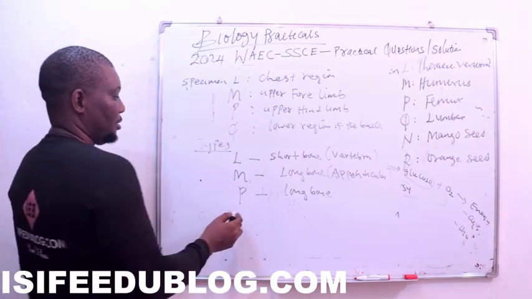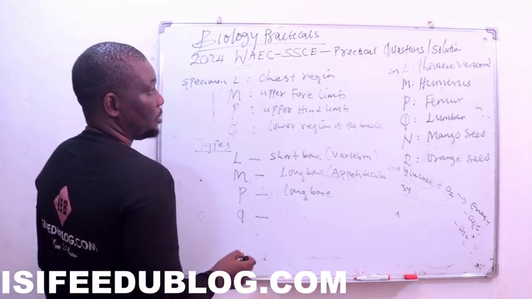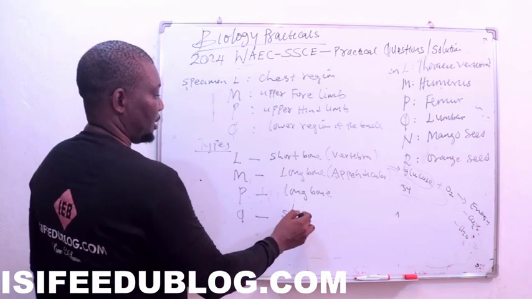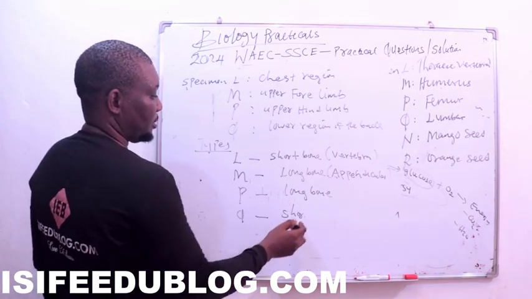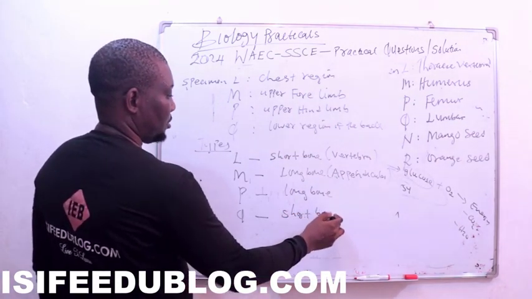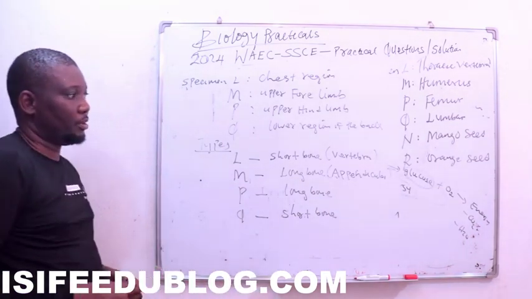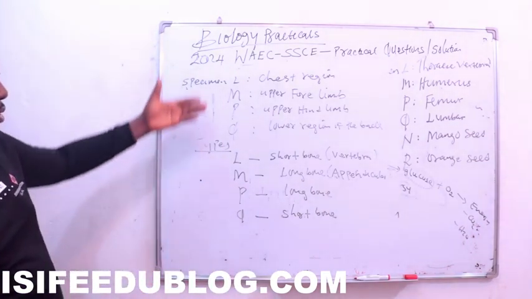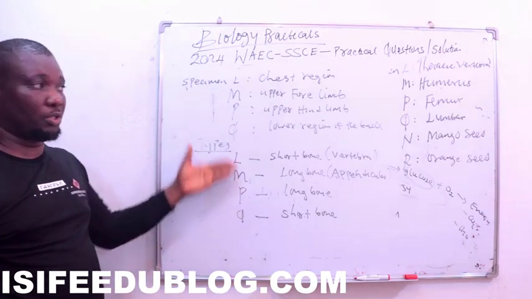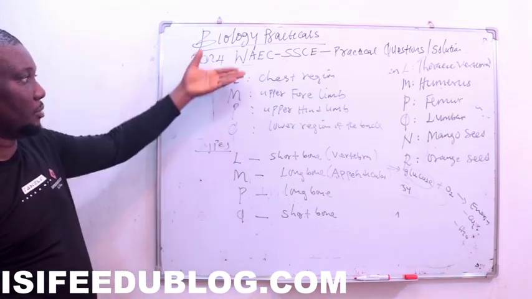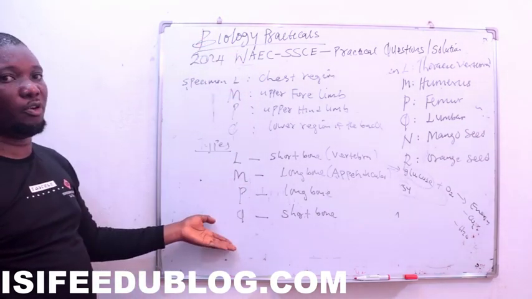Then the last is specimen Q, lumbar, just like thoracic, also a short bone. So you can pause the video and check this question. This question will be in the comments. Okay, this is the location, this is the type of bone.